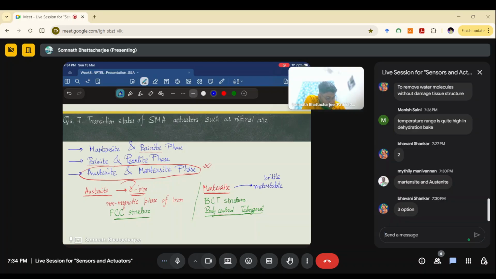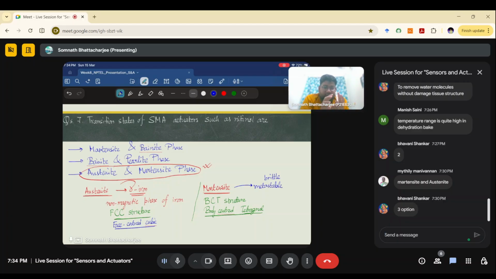And let me write it in face centered cubic. So the basic difference between these is that one is a cubic structure, but the other is a tetragonal structure, a body centered tetragonal structure. So it is obviously unstable because it's a much larger structure.